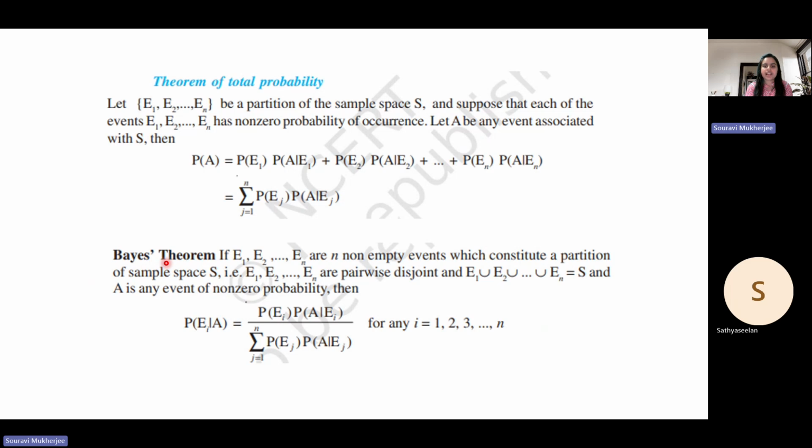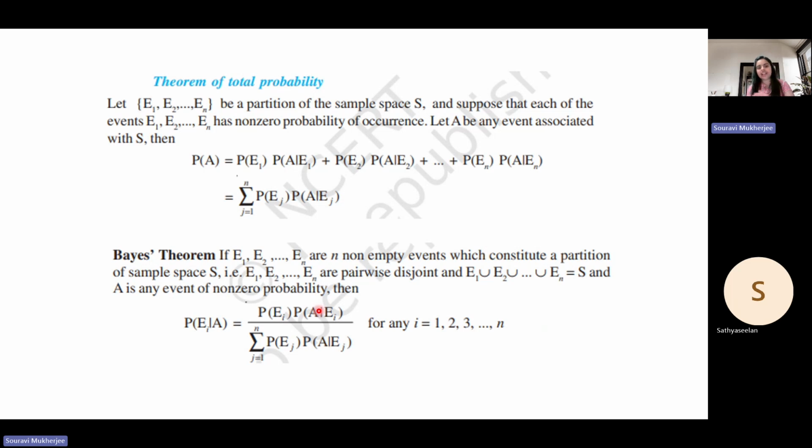And then there is the well-known Bayes theorem, which says that if there are E1, E2, n non-empty events, and they are pairwise disjoint, and the union of all of them together is the sample space that we are talking about, and there is another event A with some non-zero probability, then the occurrence of any event EI when A has already occurred, so now it's the other way around, P of EI when A has already occurred is given as P of EI into P of A given EI, that is, probability of occurrence of EI into probability of occurrence of A when EI has already happened.